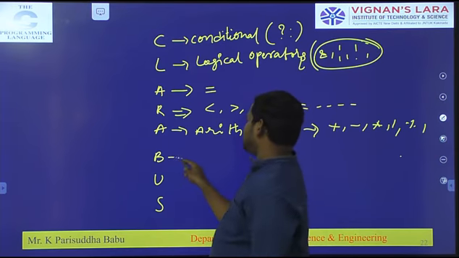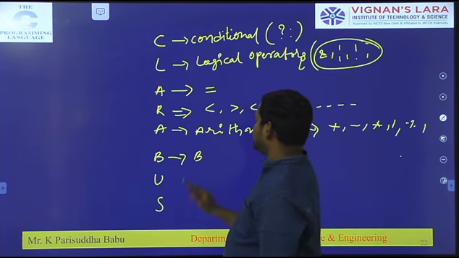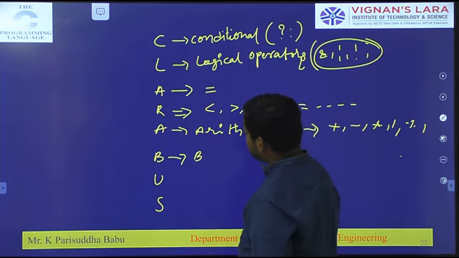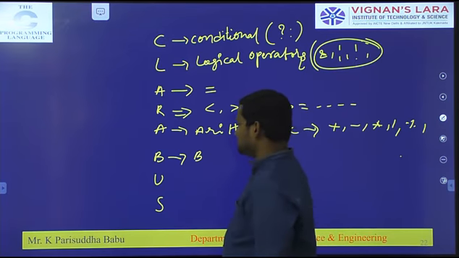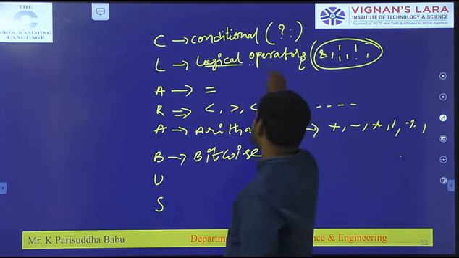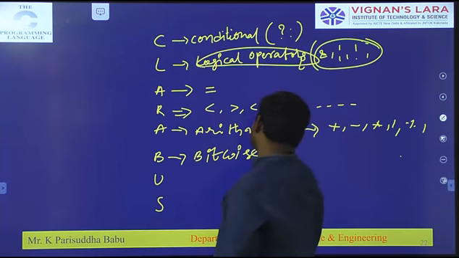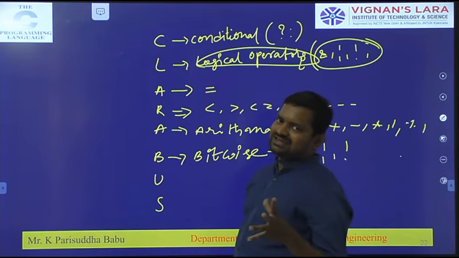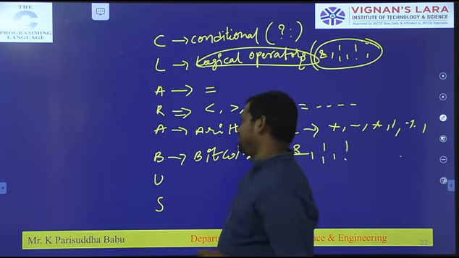Next, bitwise operators: bitwise and, bitwise or, bitwise not; these execute only bit-level operations.